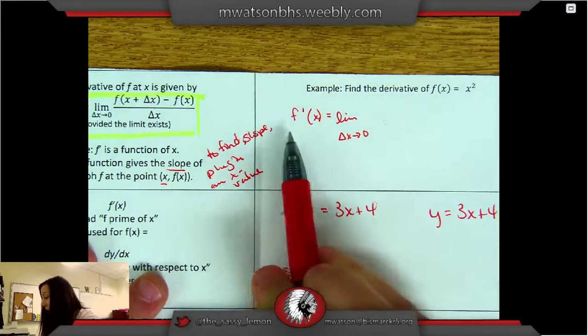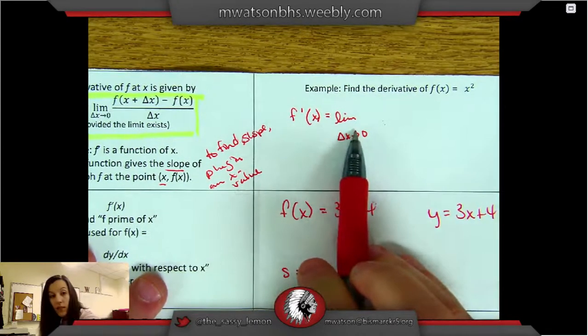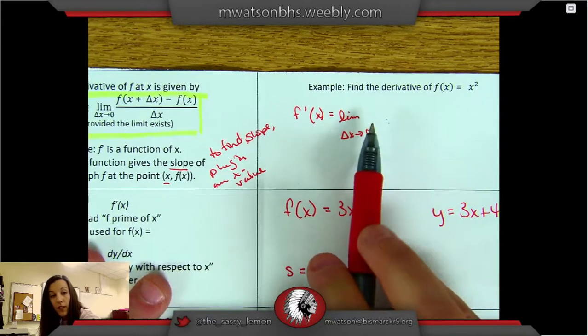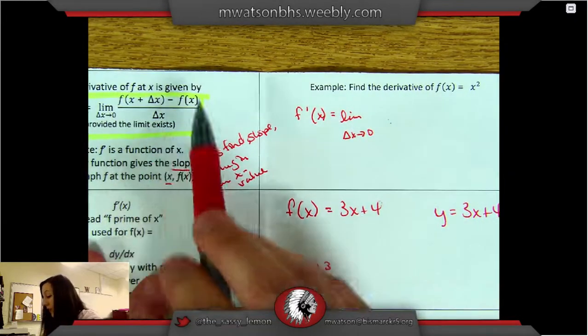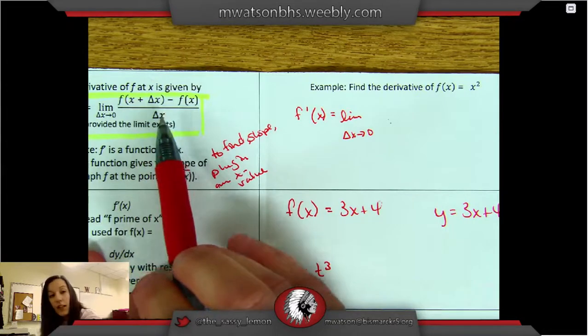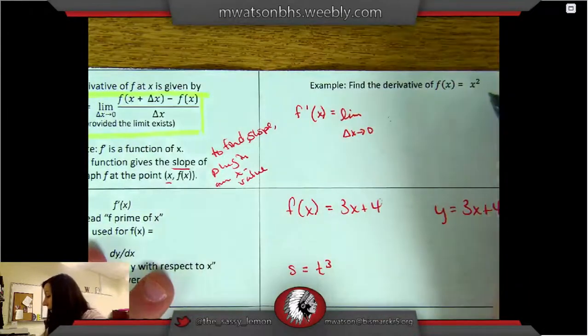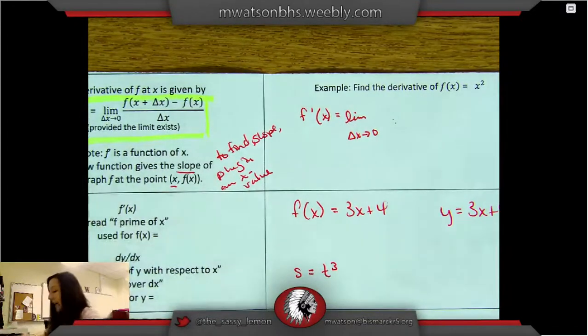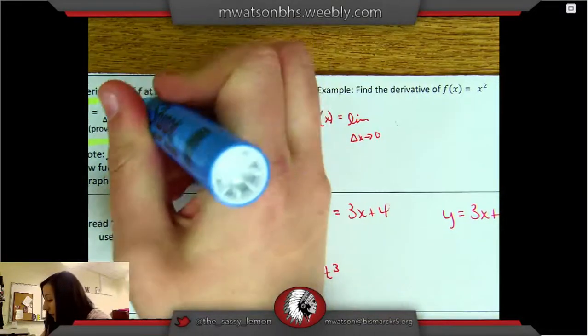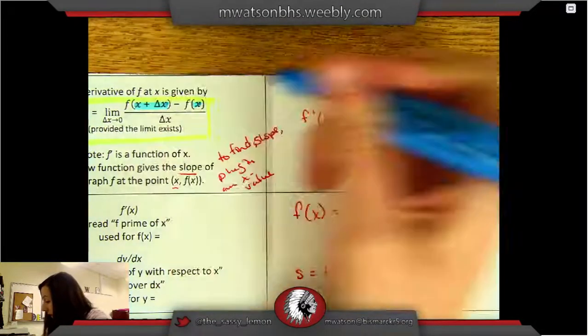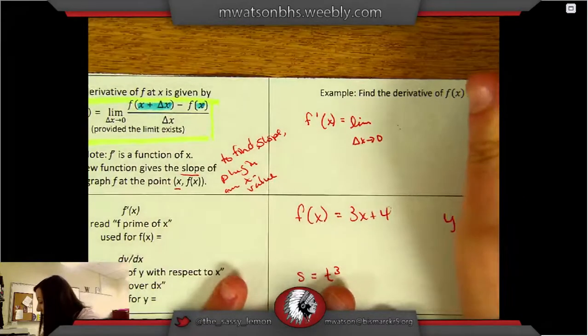So it says f prime of x equals the limit of, and then this whole fraction here. Well, f of something simply means that you plug in what's in the parentheses for x in your function. So I'm going to highlight that this inside my parentheses is what I plug in for x in my function.